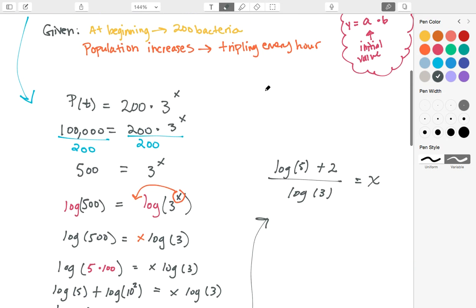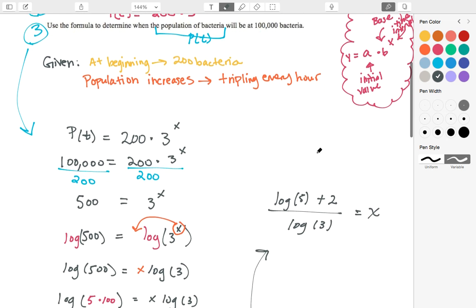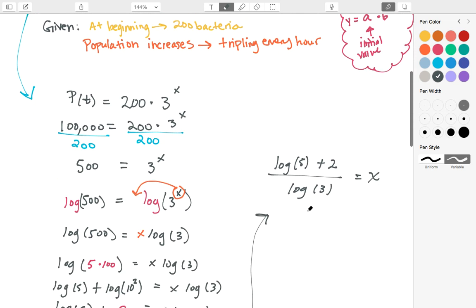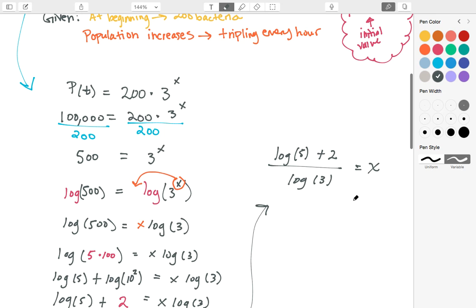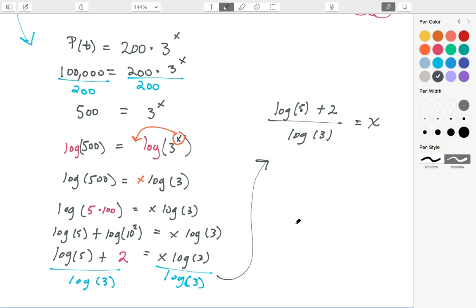Now, if I had said there were no calculators used on this document, then your answer would be like this, and you can leave it like this and say this represents the hours. But since we do, if I want to find the actual hours, you can use a calculator and do log of 5 plus 2.